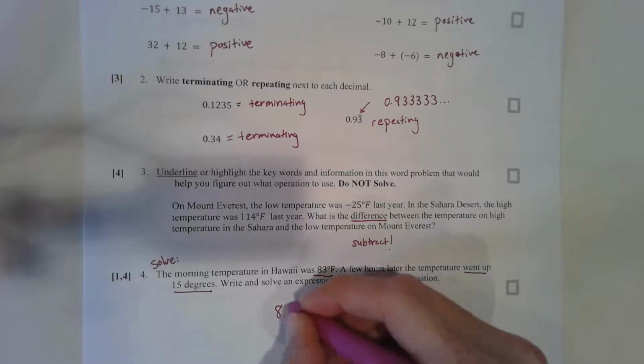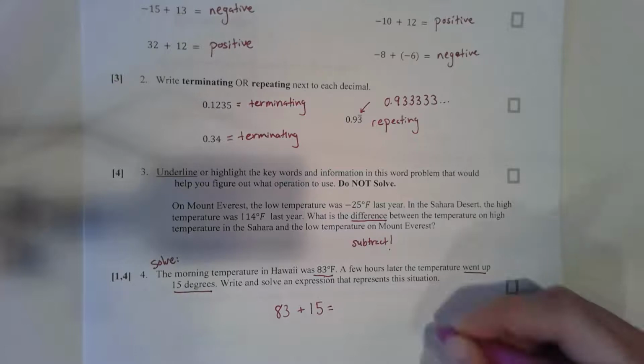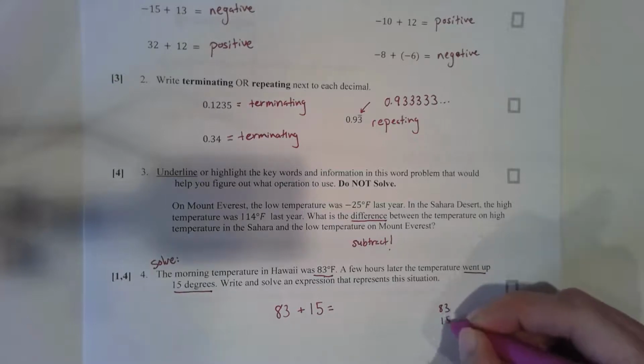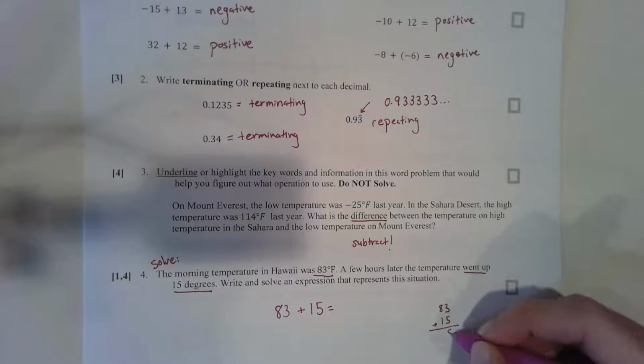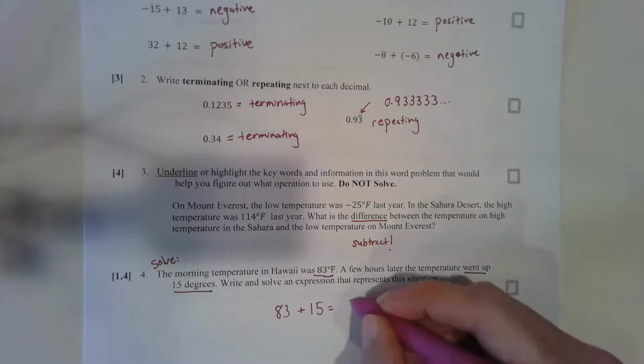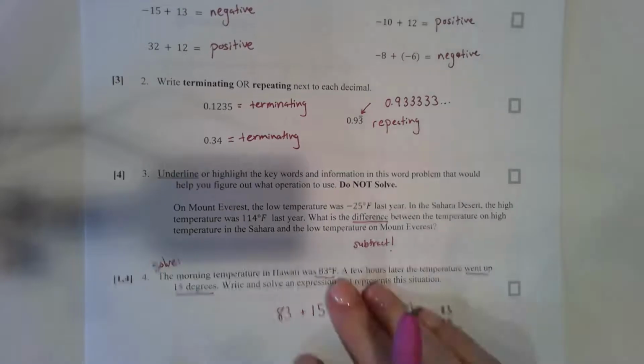So 83 degrees and then went up means the temperature increased. And because those are same signs, I'm just going to add them out here on the side. 5, 6, 7, 8. 1 is 9. So the temperature is now 98 degrees. Cool. Next page.